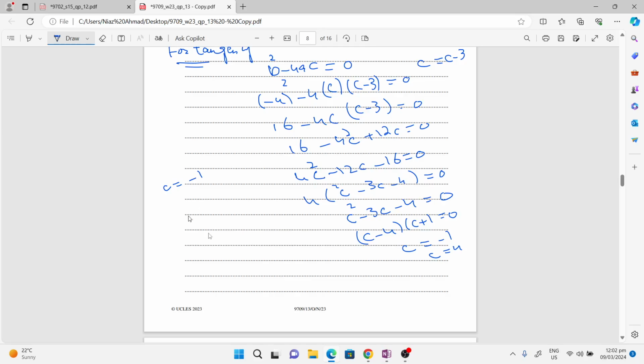When you are using this equation, after intersection you get a main equation, the quadratic one. So when you put c as -1, it will be x square plus 4x plus 4 equal to 0, and it is actually a perfect square, so it is x plus 2 whole square. When you solve it, x will be -2.